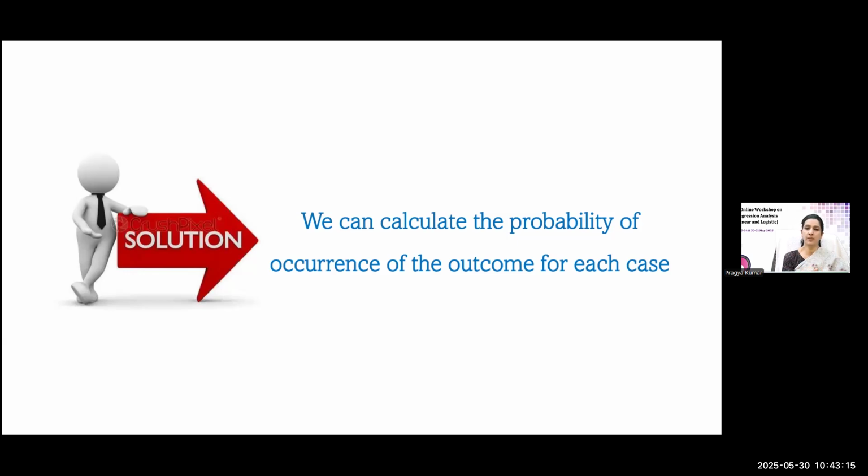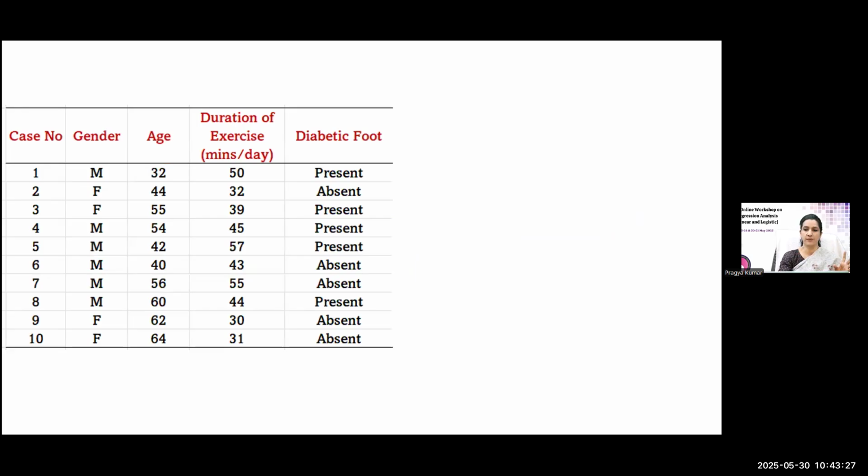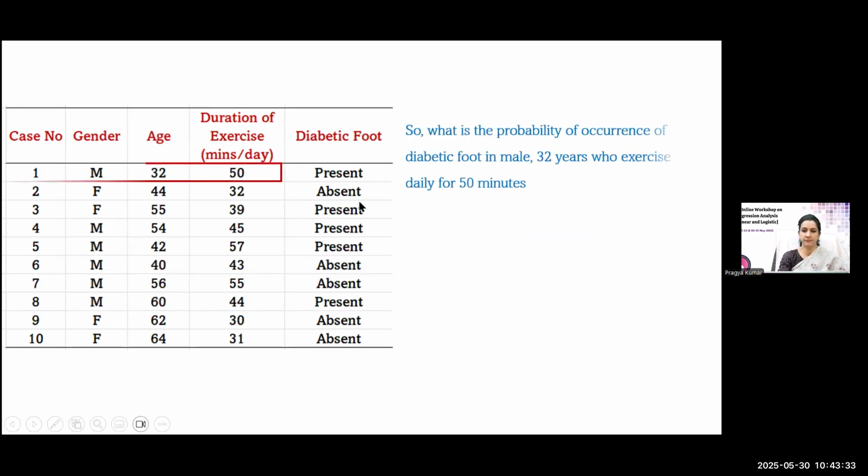What is the probability and the odds? What is the difference between probability and odds? So for probability, we calculate the probability of the outcome for each case. How do we do that? In that case, we calculate the prediction probability.